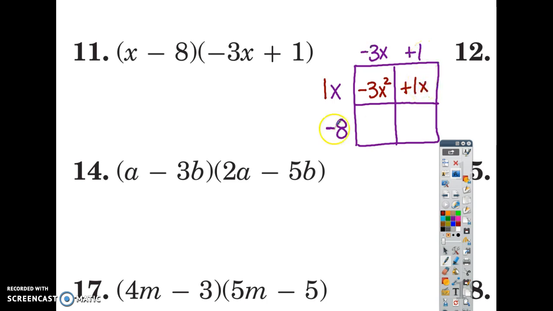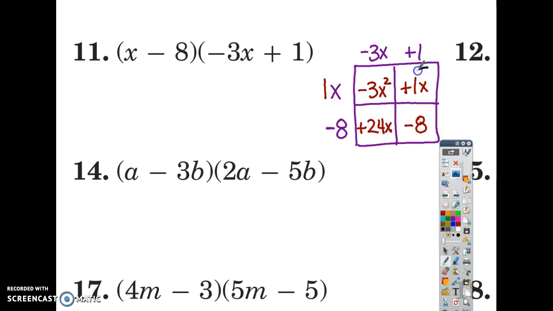Negative 3 times negative 8 is a positive 24. How many x's do you see? This one has an x, this one doesn't, so it's just one x. Negative 8 times 1 is a negative 8. And neither one of these have an x, so you don't put an x here.